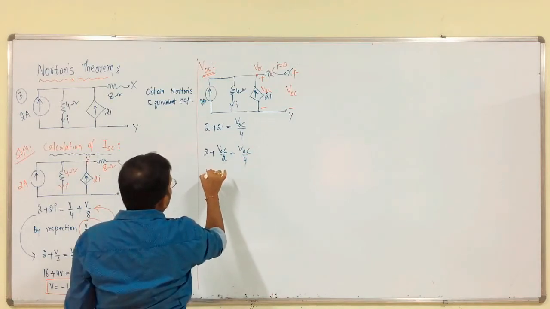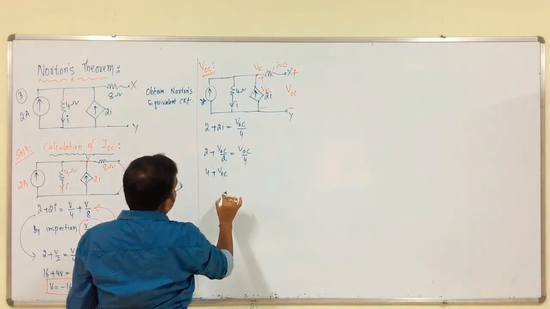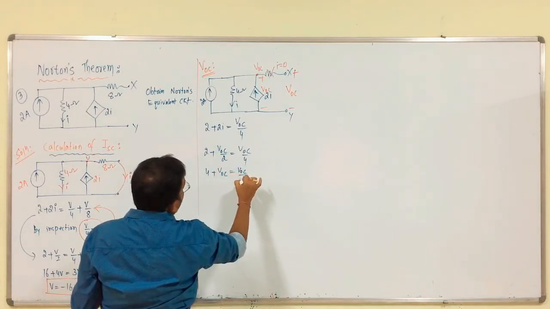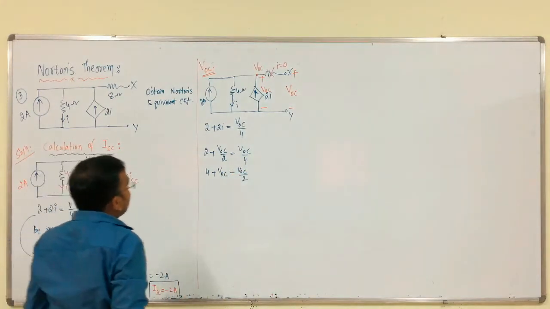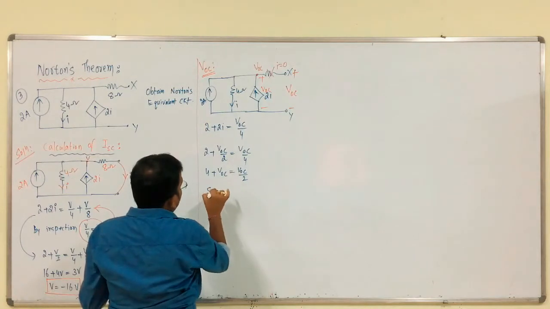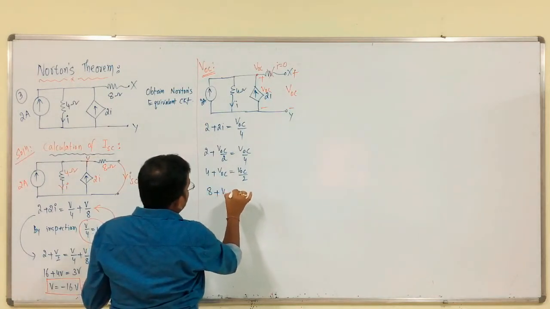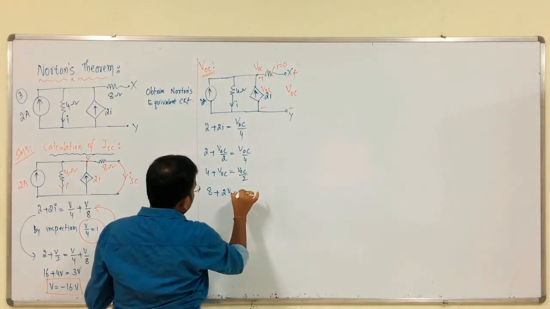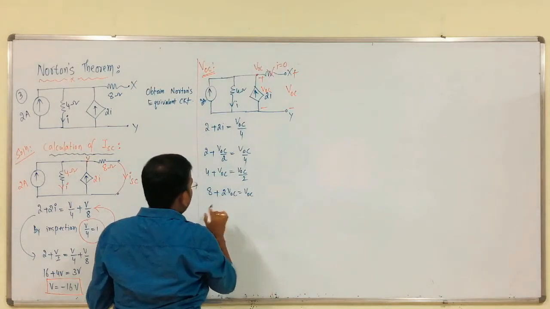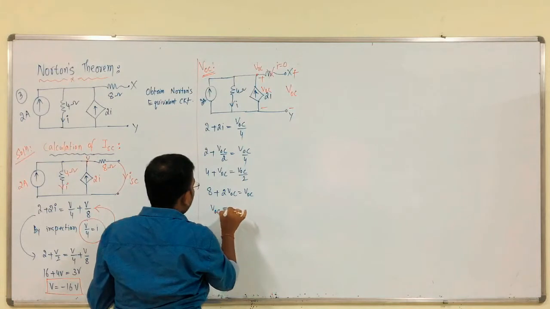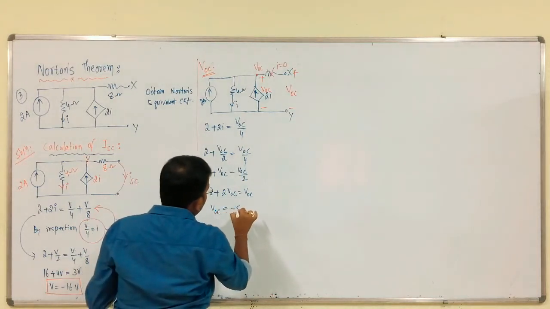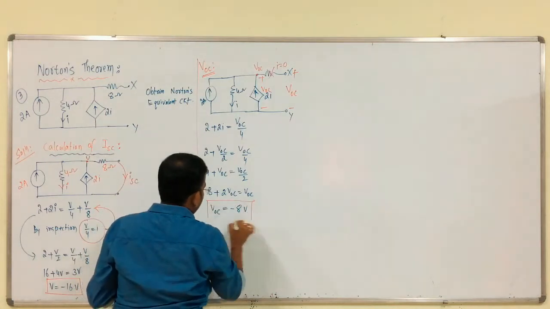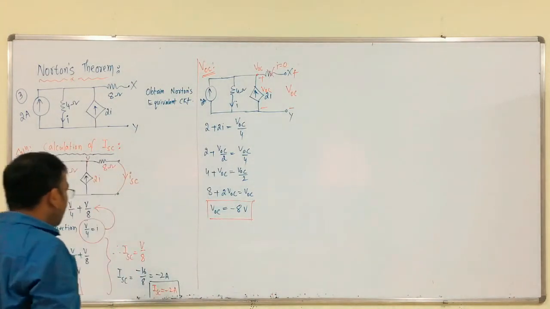From this, 4 plus VOC, which is equal to VOC by 2, right? 8 plus VOC, sorry, 2 VOC. From this VOC is equal to minus 8 volts. So, we have VOC and ISC.